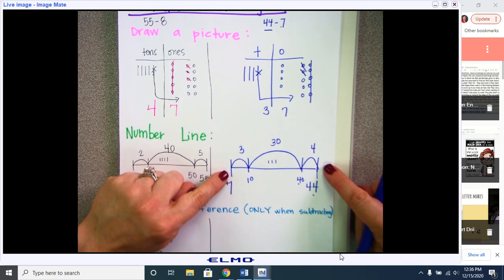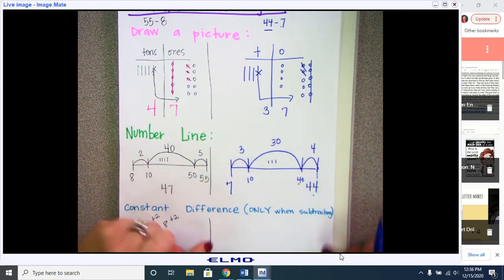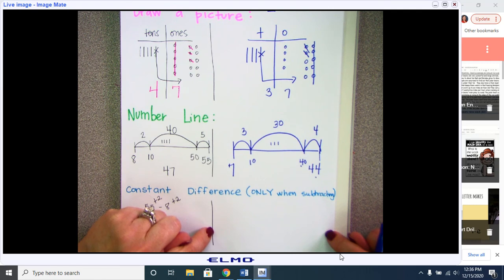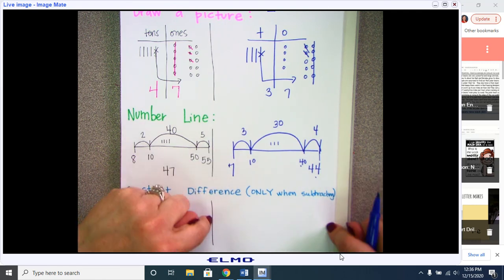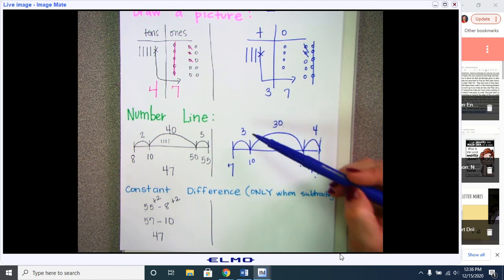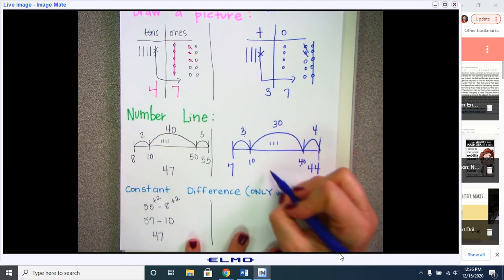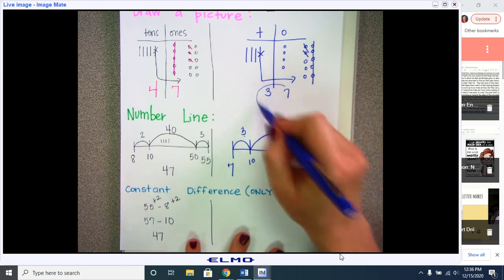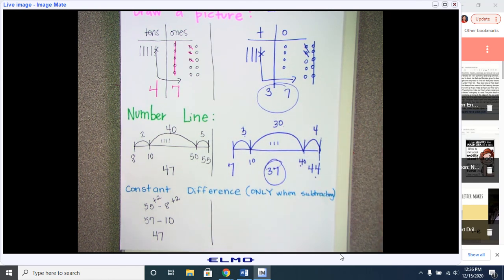If this strategy does not make sense to you yet, don't worry. I'm going to go over it a lot. But these are the most efficient besides actually doing the standard algorithm. All right, so 34, 35, 36, 37. So again, I got 37. I got 37 here. I got 37 here. So that's the right answer.